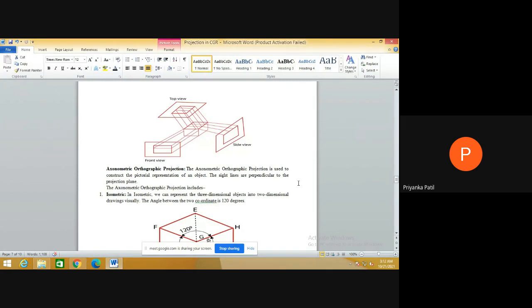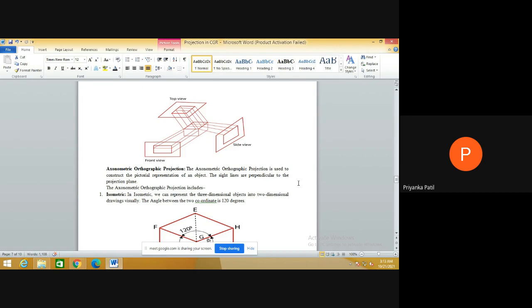The next one is the axonometric orthogonal projection, which is used to construct the pictorial representation of the given object. The sight lines are perpendicular to the projection plane. It has three types: isometric, dimetric, and trimetric.